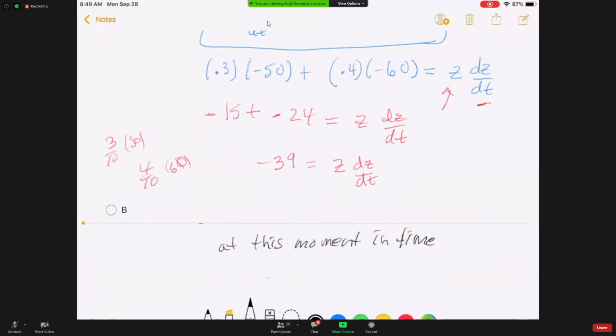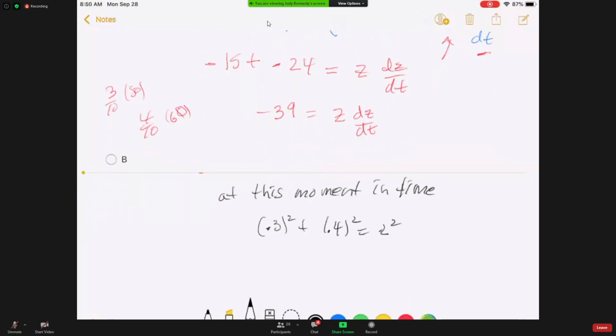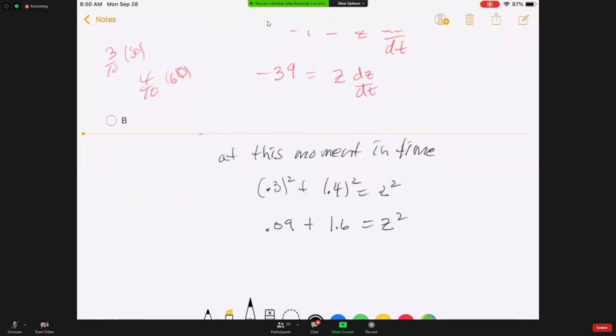So 0.3 squared plus 0.4 squared is z squared. That's 0.09 plus 0.16, which is 0.25. That's z squared.